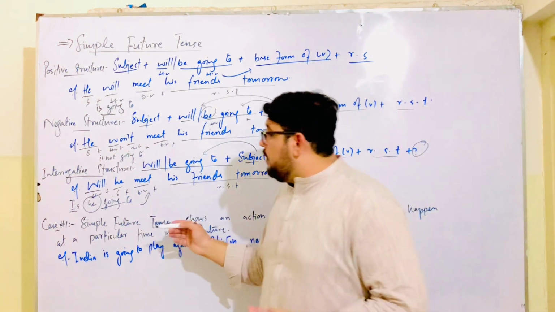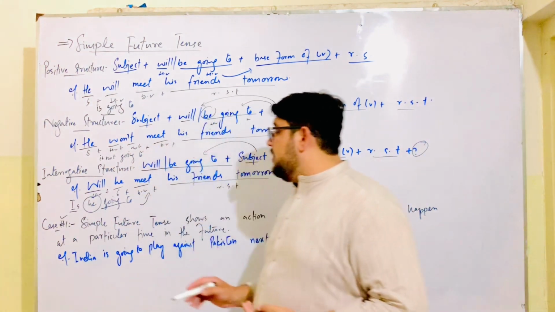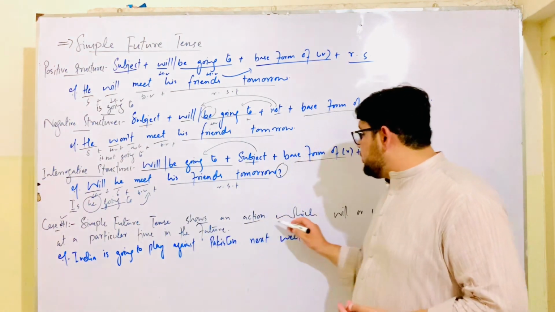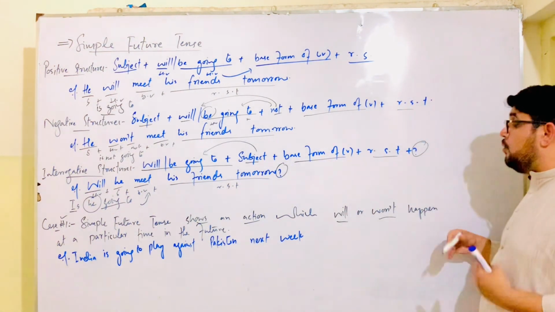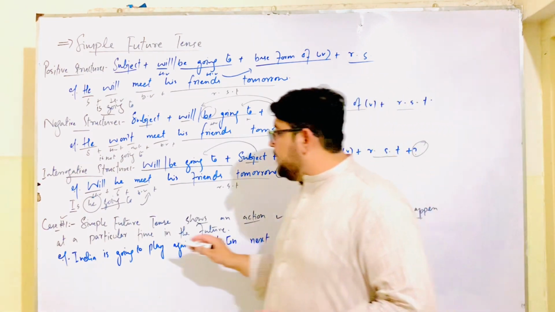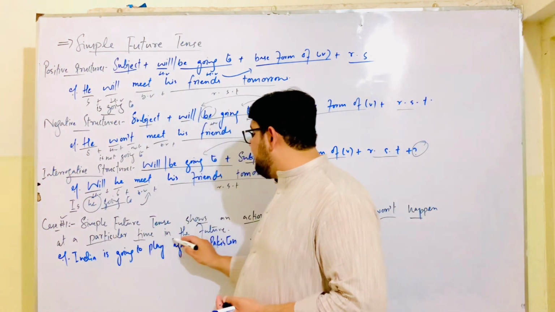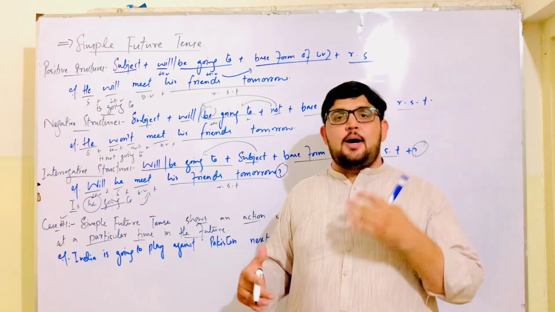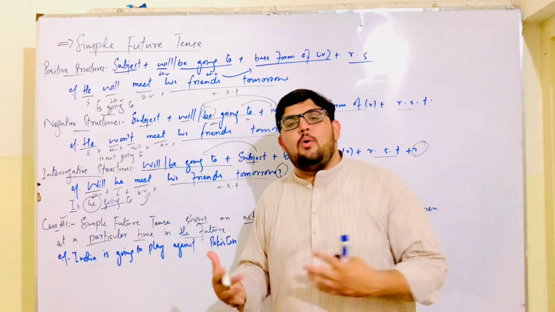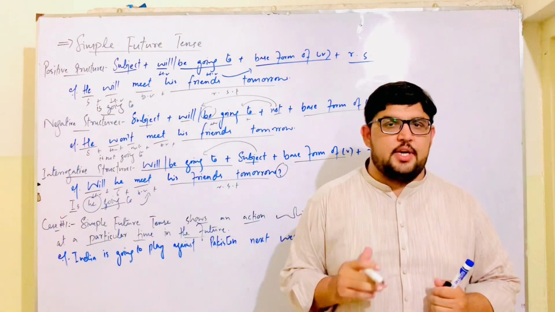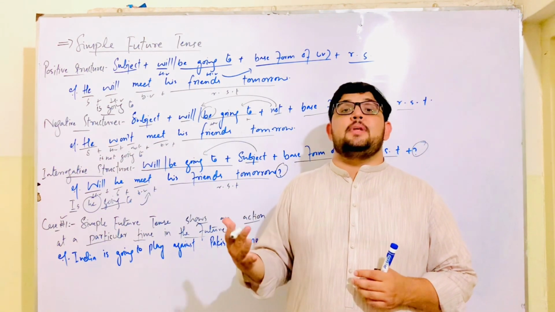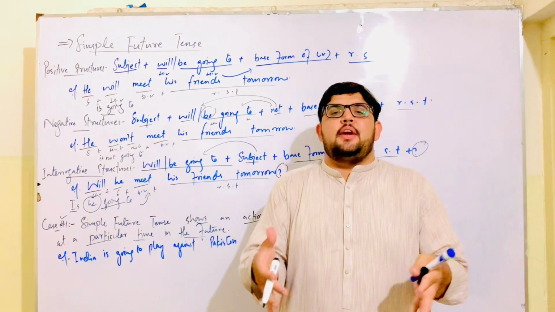Now, case one or definition of simple future tense is that simple future tense shows an action which will or won't or will not happen at a particular time or specific time in the future. Now, it talks about an action that will or won't happen at a specific time period in the future.